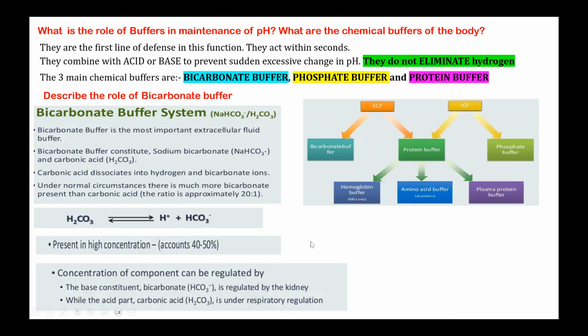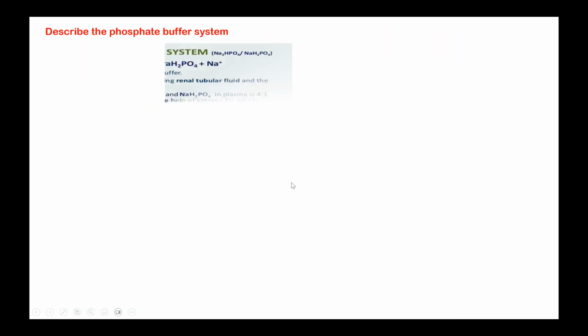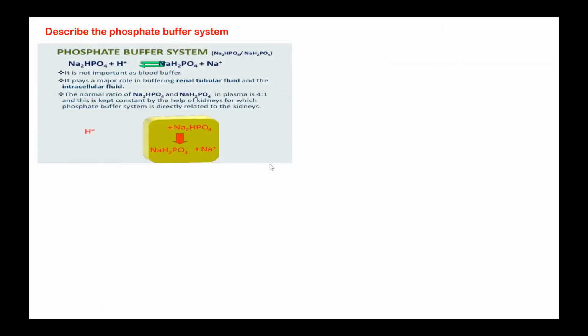So these are the two other systems which also partially support the buffering system of bicarbonate. Now the next buffering system is the phosphate buffer system, where you normally have disodium hydrogen phosphate. This will also take up the hydrogen ion which is formed in the body and convert itself into sodium dihydrogen phosphate.